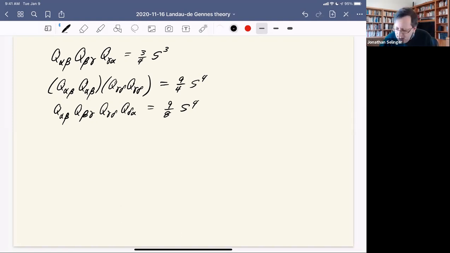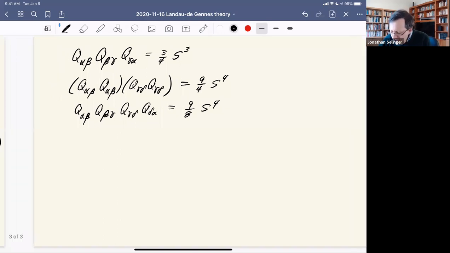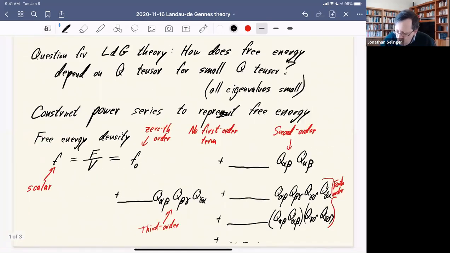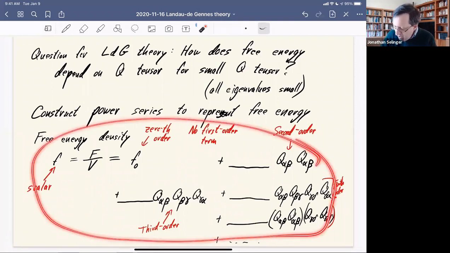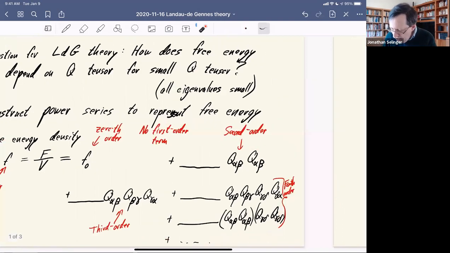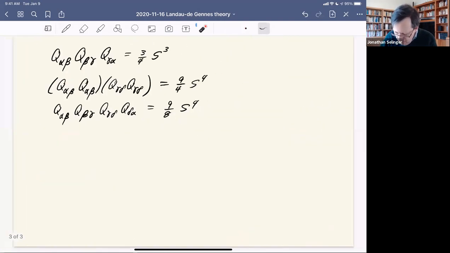Okay, so I can put all of these things into the power series that is written out here and express the free energy density in terms of the magnitude and direction of nematic order. So F is this 0th order term, constant. There is no 1st order term.